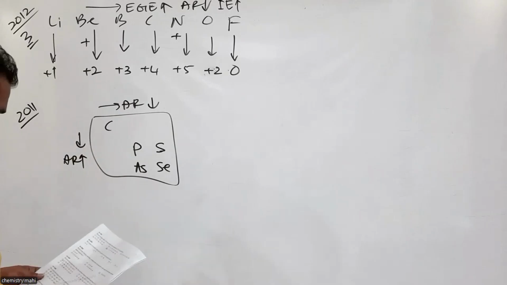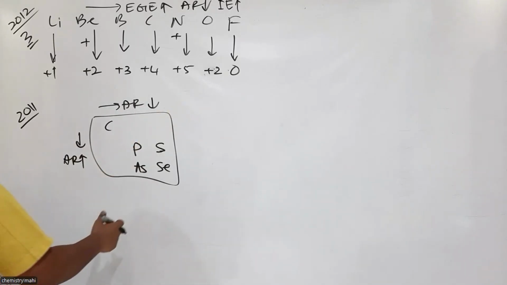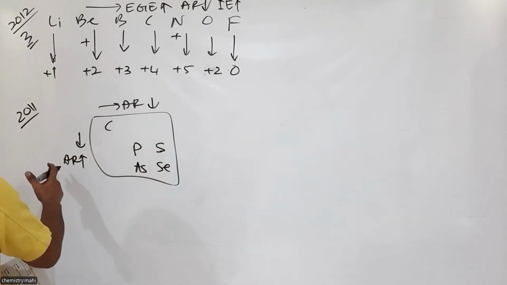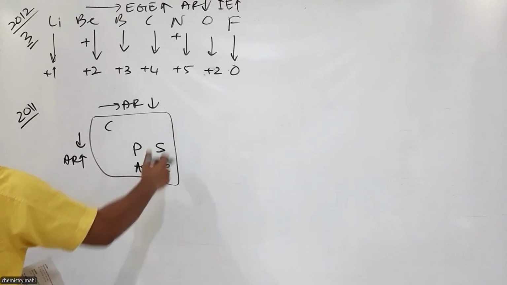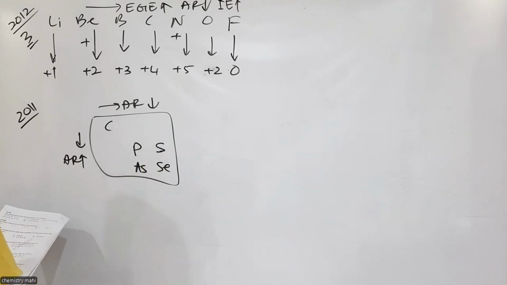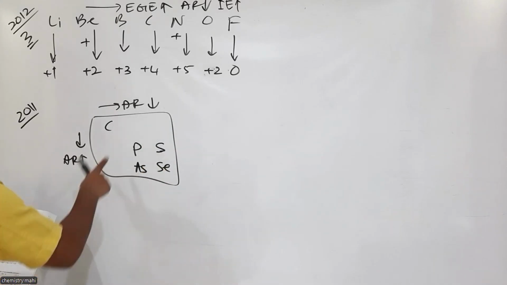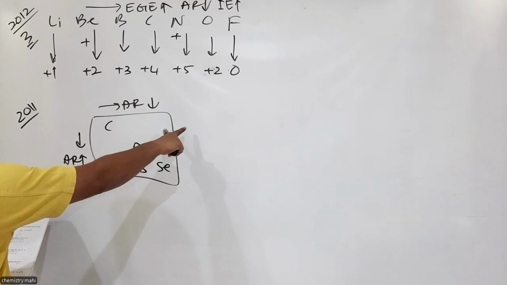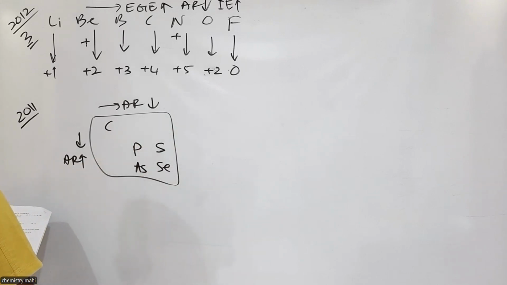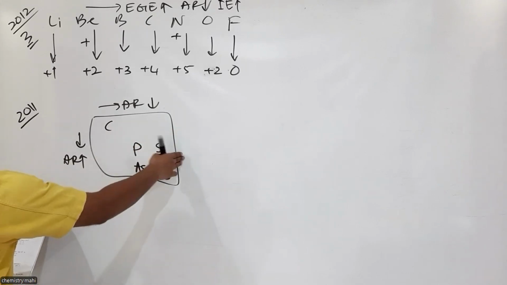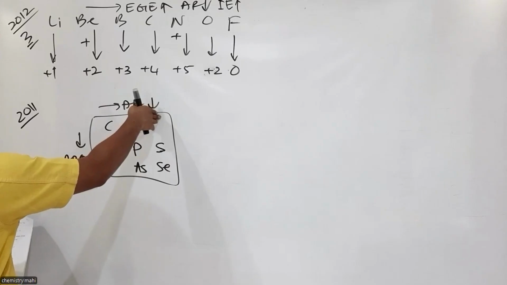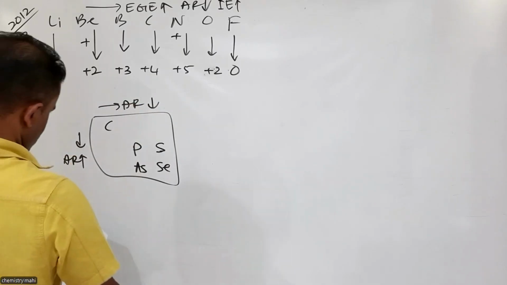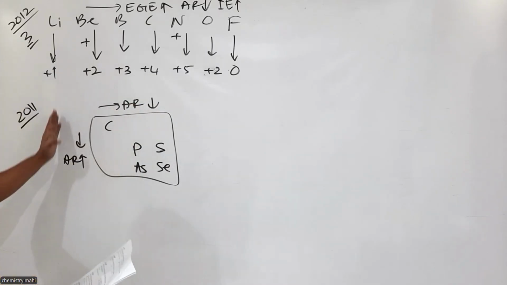They ask for increasing order. The lowest one should be what? The rightmost top, the smallest one. Atomic radius decreases across a period, so the smallest is rightmost top, and the largest should be leftmost bottom.